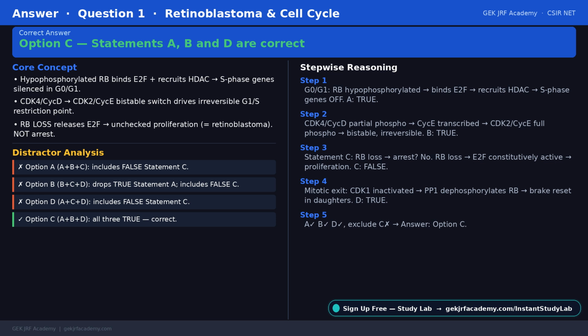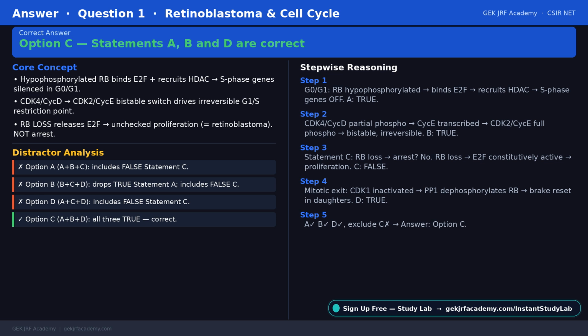Growth factor signaling activates CDK4/Cyclin D, which phosphorylates RB at select serine and threonine residues, partially releasing E2F. Partial E2F release induces cyclin E transcription. CDK2/Cyclin E then further phosphorylates RB in a positive feedback loop, creating the bistable switch that makes restriction point crossing irreversible. This is precisely what statement B describes.